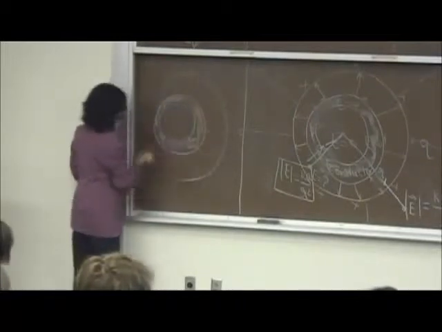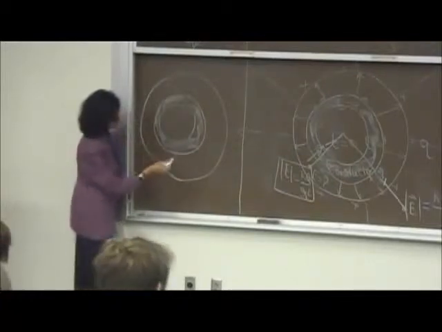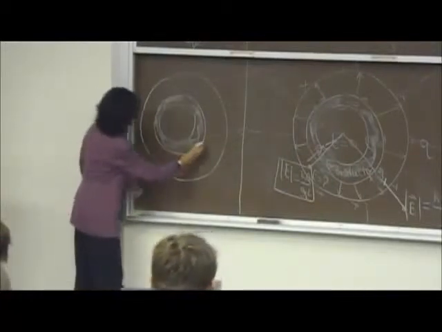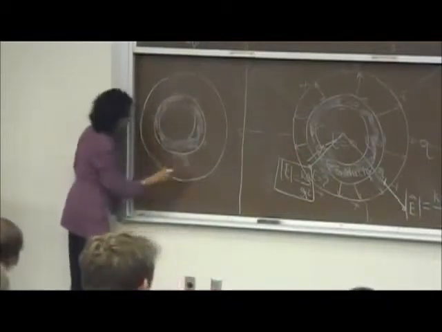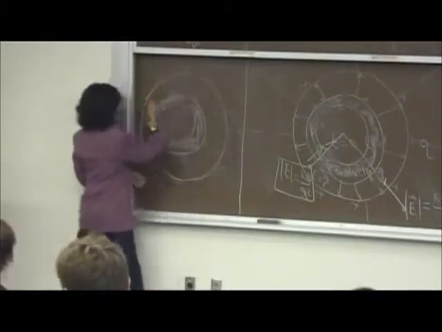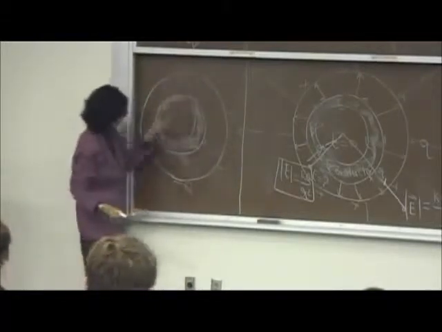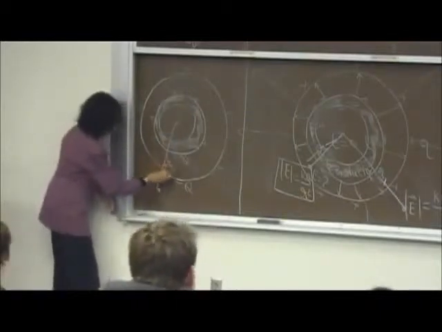I'm shading my conductor. What would happen if I have, say for example, plus Q on this conductor, which we said will uniformly distribute, and suppose this was minus Q, minus capital Q, uniformly distributed? What would be the electric field here at a distance r1 away?